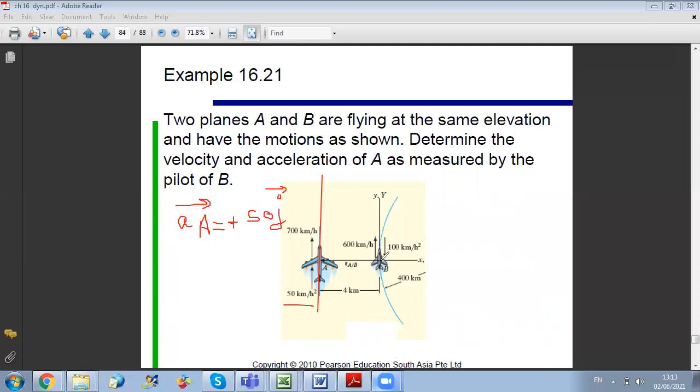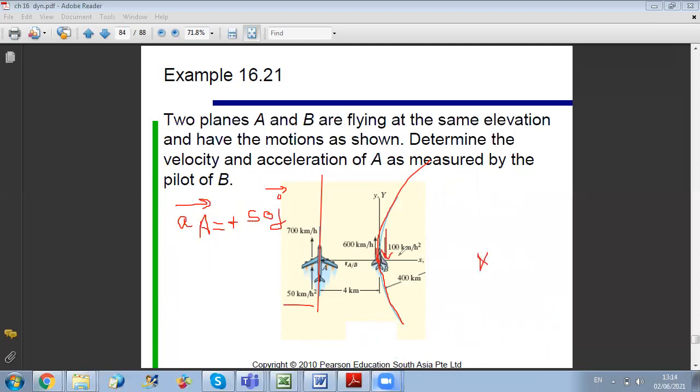Now, for point B, we just should pay attention that it's doing a rotation. So the acceleration of B will be decomposed into two components. Tangential one, which is given, it's along minus J. And we have the normal component.